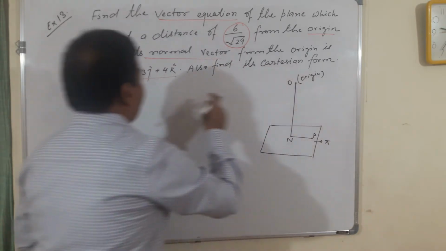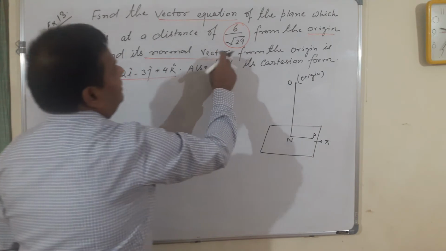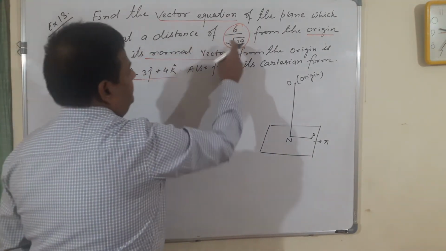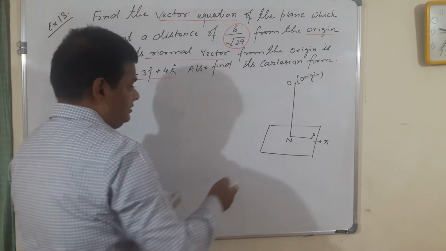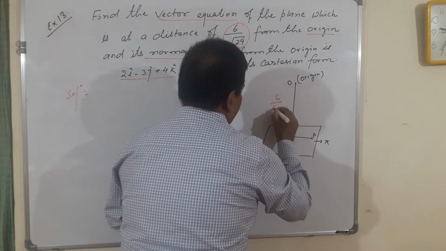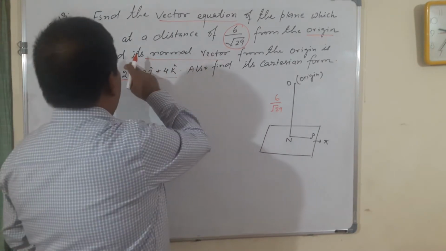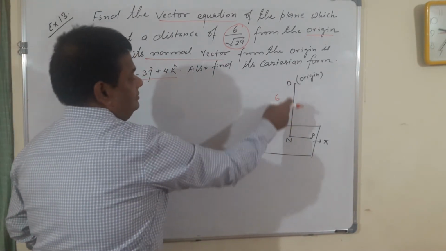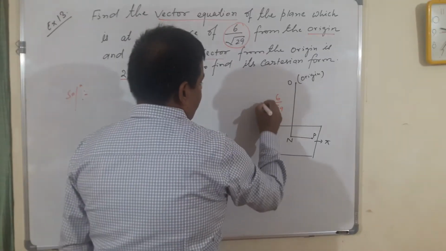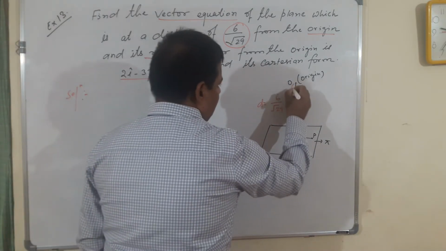So here, to find the vector equation of the plane which is at a distance of 6 by root 29, it means this distance ON is given as 6 by root 29 from the origin to N. This is the distance d that is given.